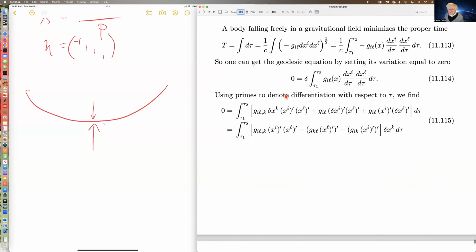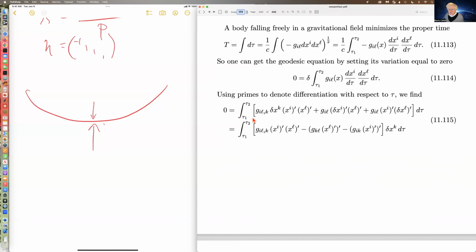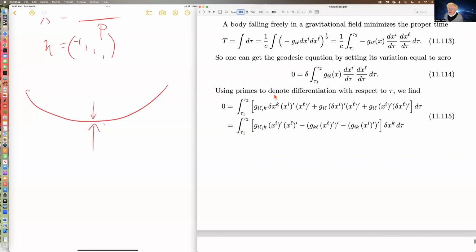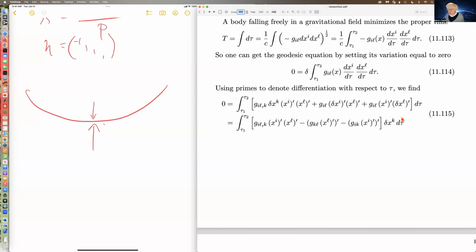And so we have the derivative of the metric times the change in the position, and xi prime is just dxi/dτ, xl prime is dxl/dτ. But then we have the variation of these two, the d/dτ of the variation of x, and d/dτ of the variation of L. But I could have put a 2 here and dropped one of these because GIL is obviously symmetric.